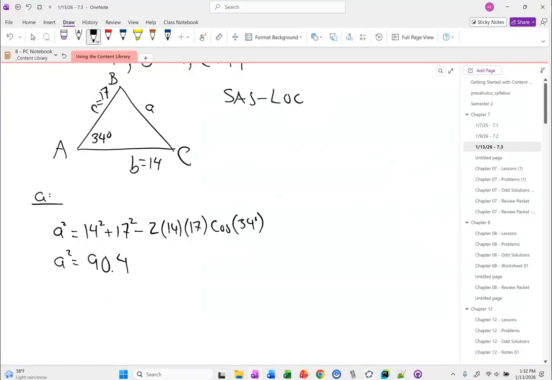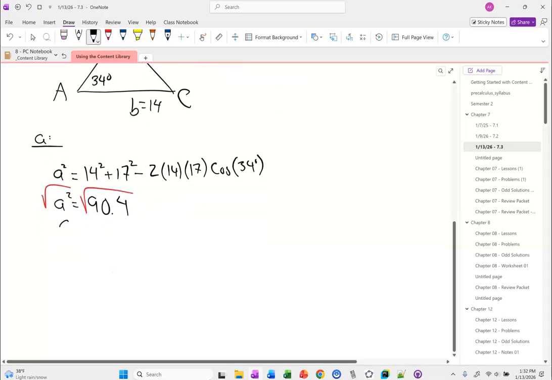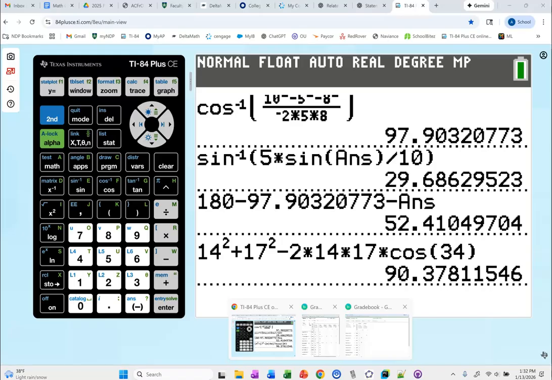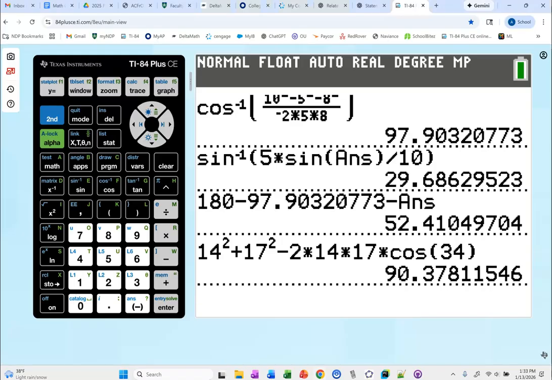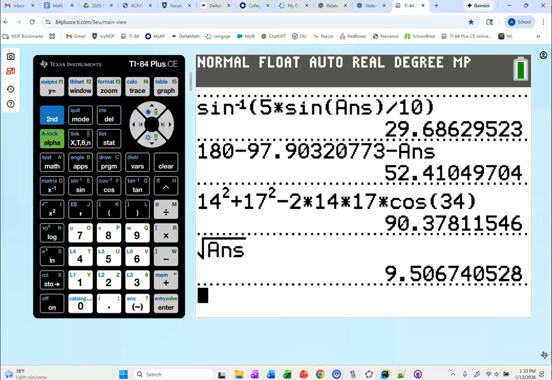So if I want just A, what do I have to do? Yeah, square root both sides. So about 9.51.